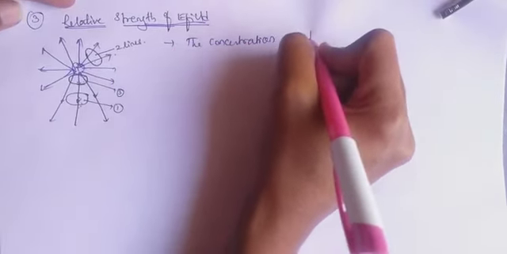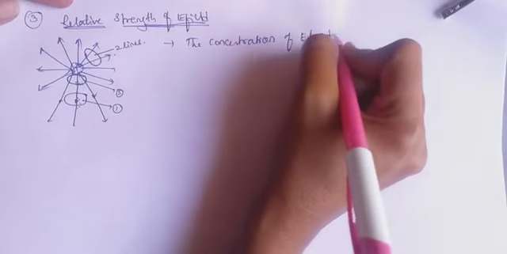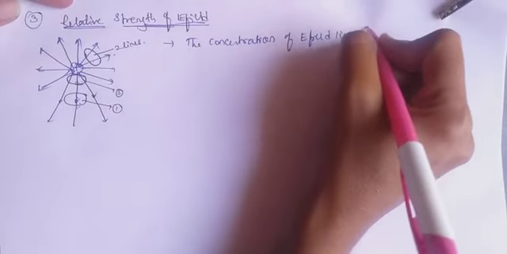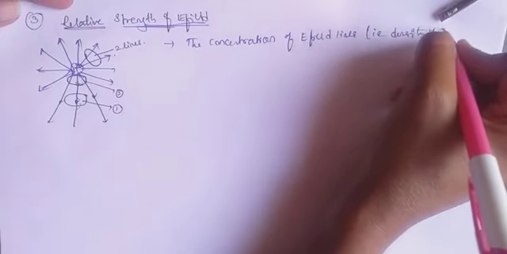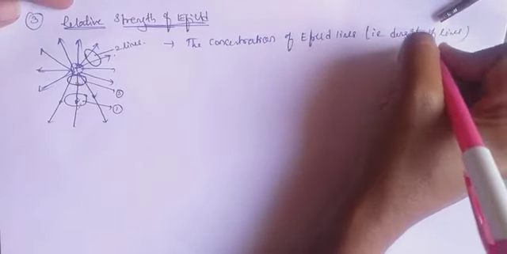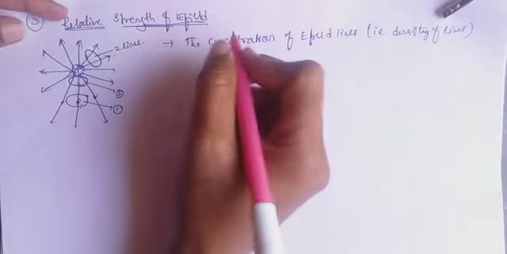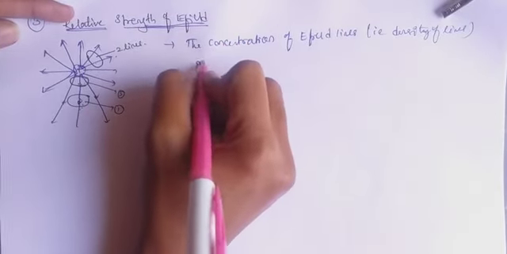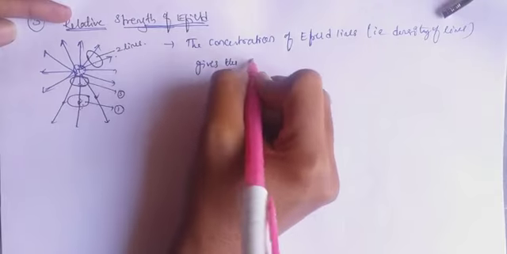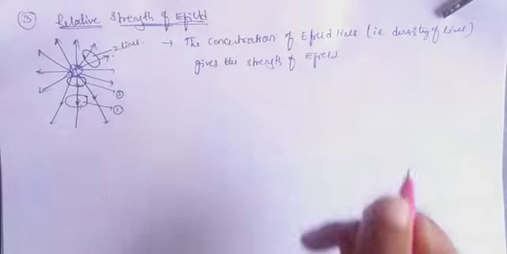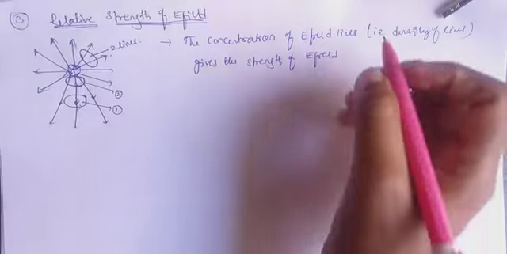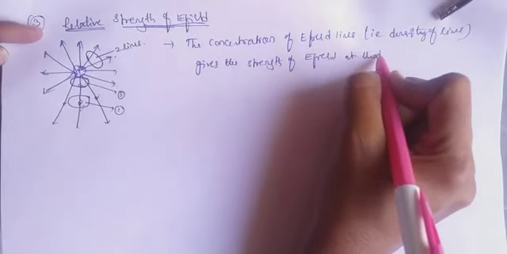The concentration of electric field lines, concentration means the density of lines, gives the strength of the electric field.